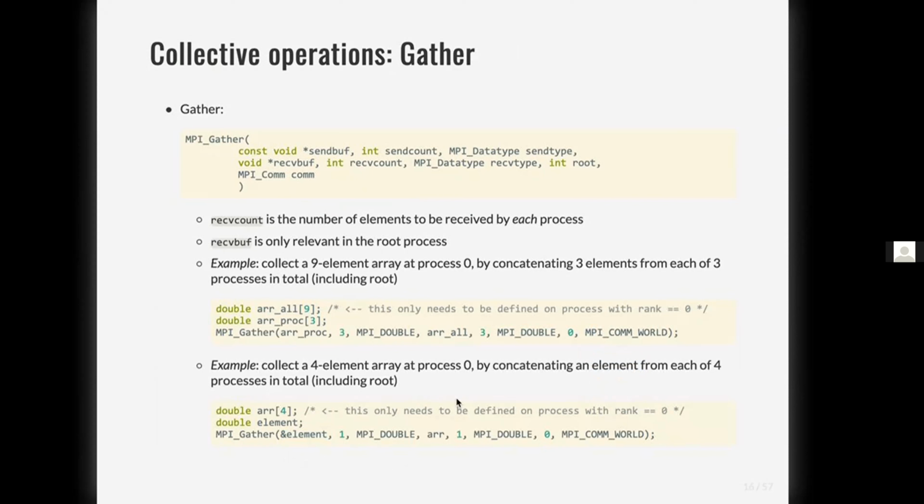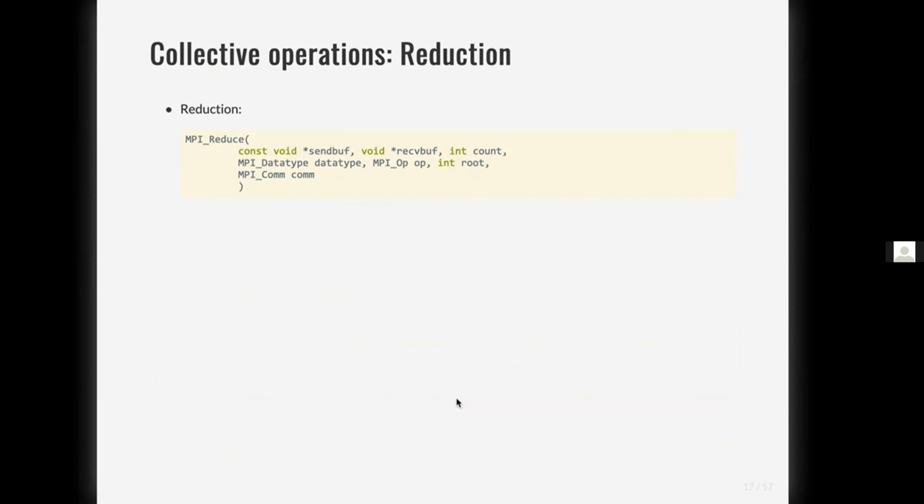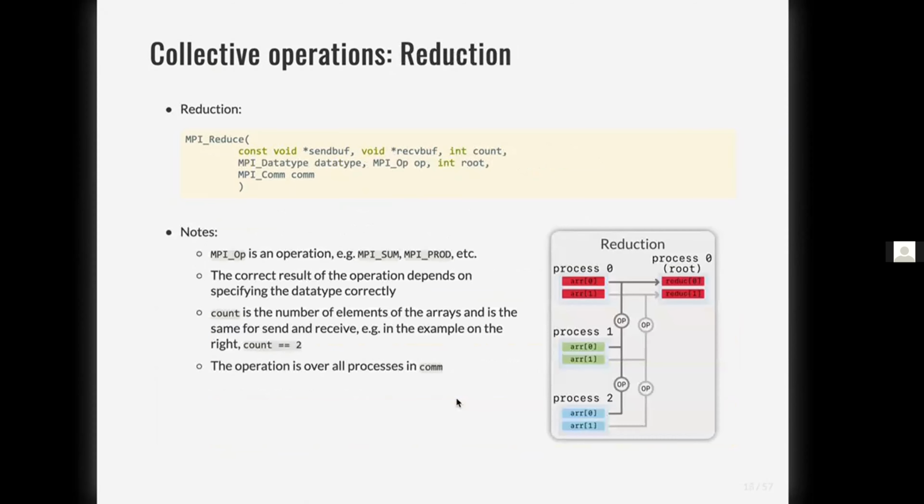And so the last thing we do now is the reduction, and then maybe we stop and then do some exercises after the break. Okay, so the reduction operation looks like this. Before I talk about the arguments, maybe I should show you a bit the picture here.